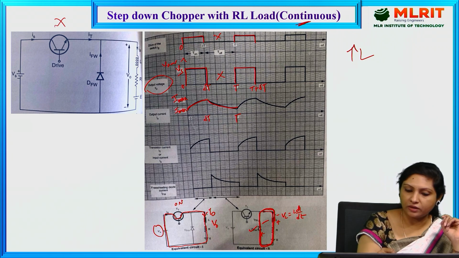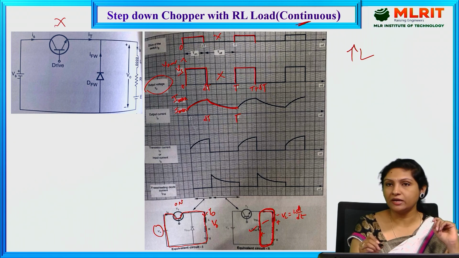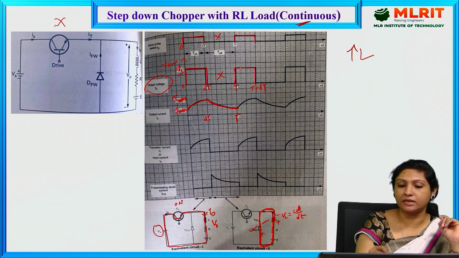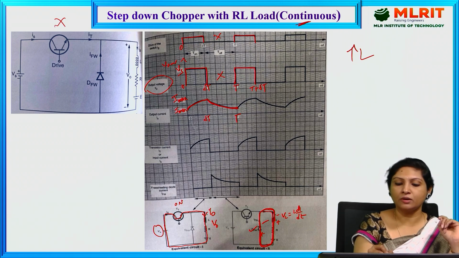That is how the current waveform is also coming down, and the moment it reaches T, it is not at 0 but almost 0. By this time, we have provided the gate base drive for the transistor again from T to T plus delta T.